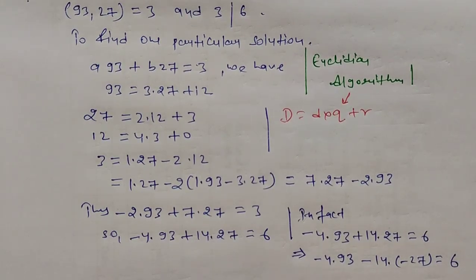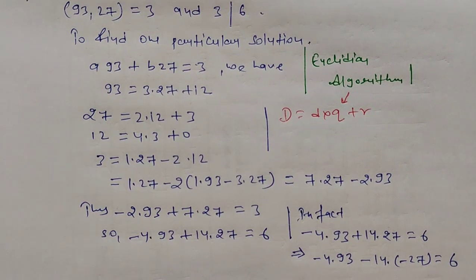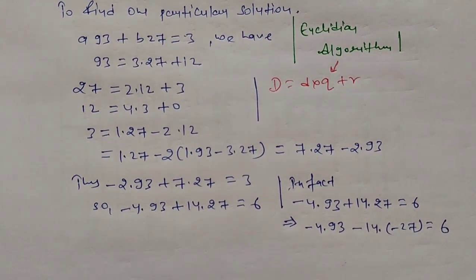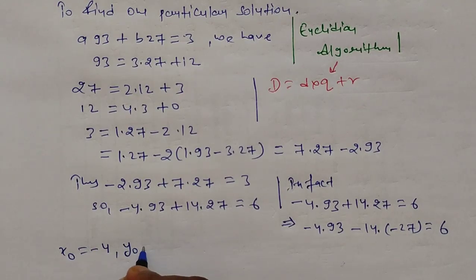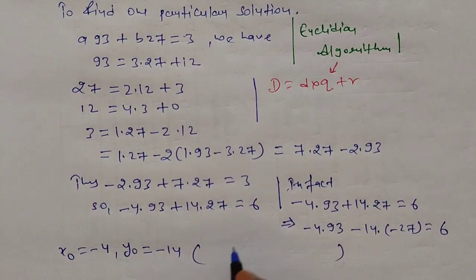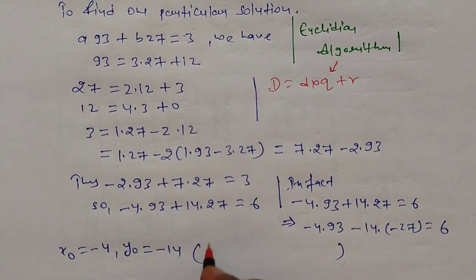Now we have the values as x naught is equal to minus 4 and y naught is equal to minus 14, and this will constitute a particular solution. The general solution can be given by, I am mentioning here, this is the particular solution.